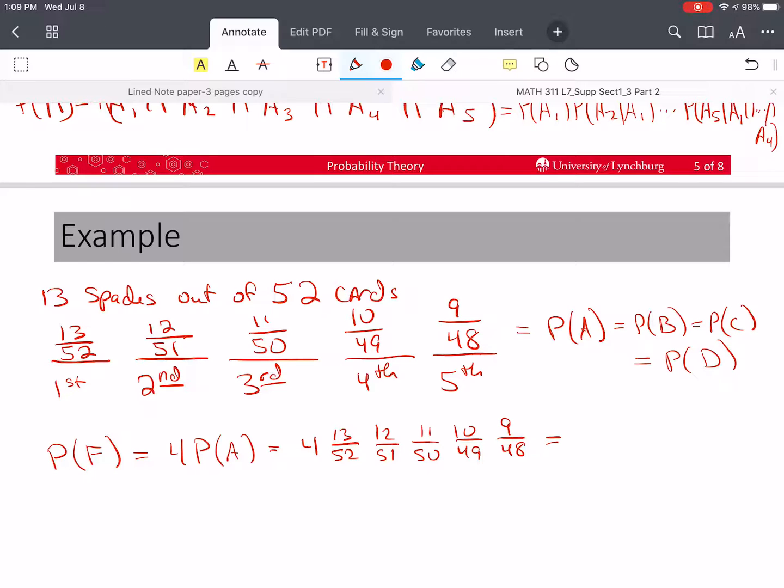Let's see what this gives us. So this gives us a messy number. We're going to do it with decimals here because using this large of a fraction is just not feasible. No one can really understand what they're seeing.